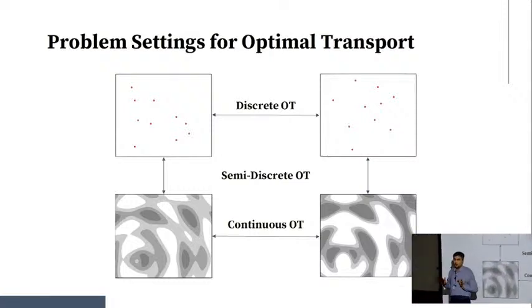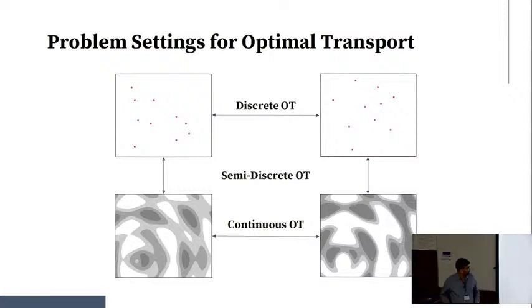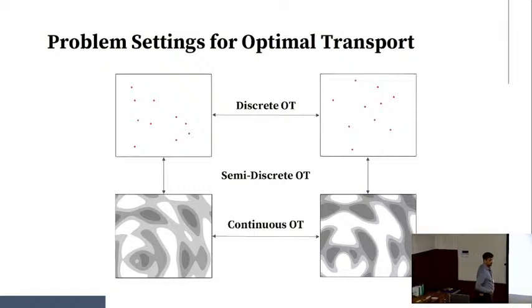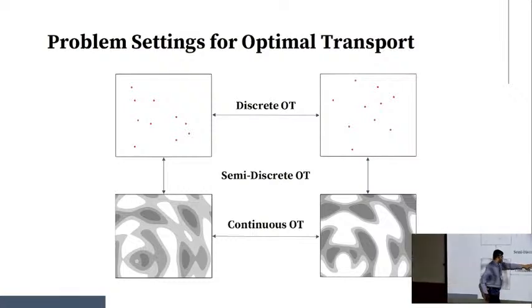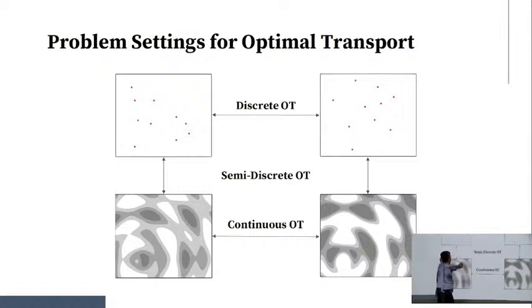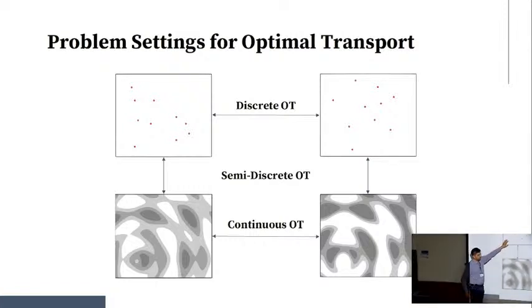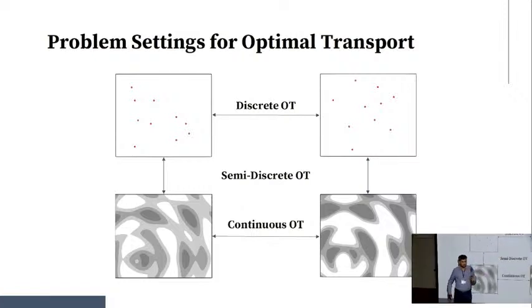Unfortunately, we don't know how to deal with continuous distributions when it comes to algorithms. So what we typically end up doing is we take samples from both of these distributions, take the empirical distributions, and compute the OT cost between the two discrete distributions.